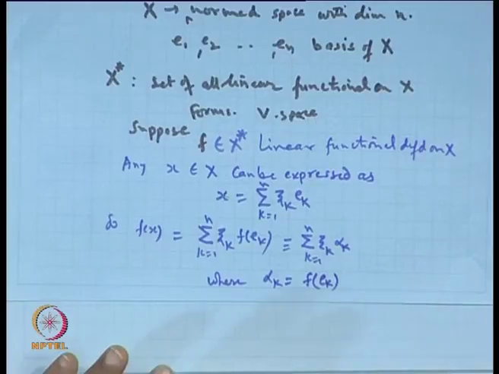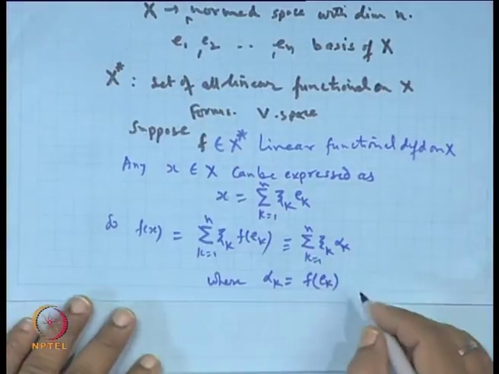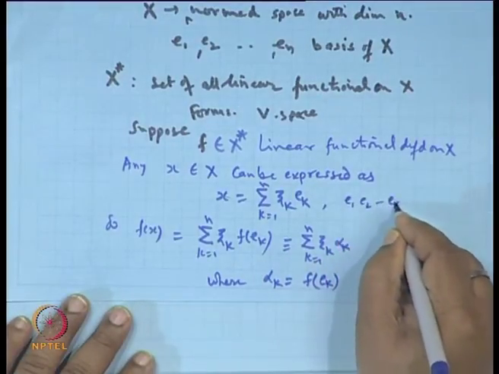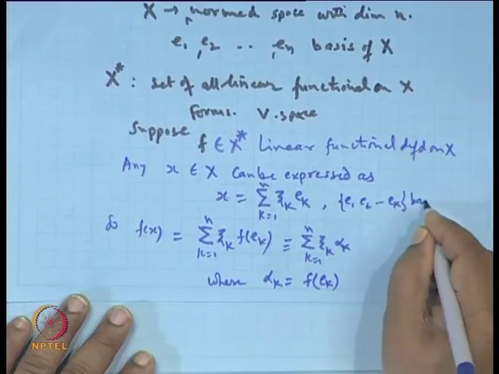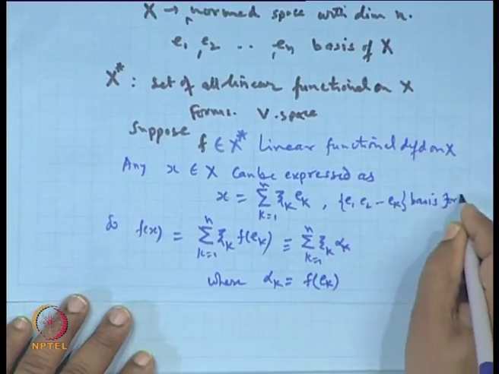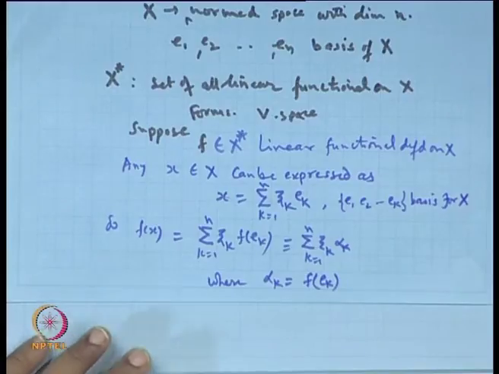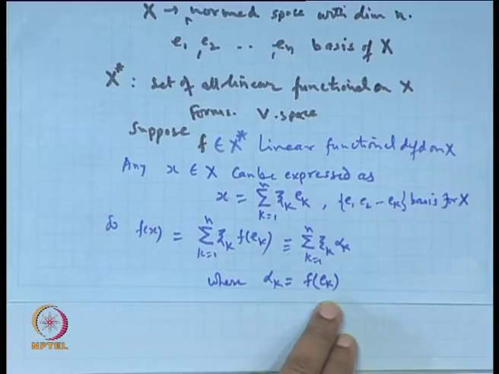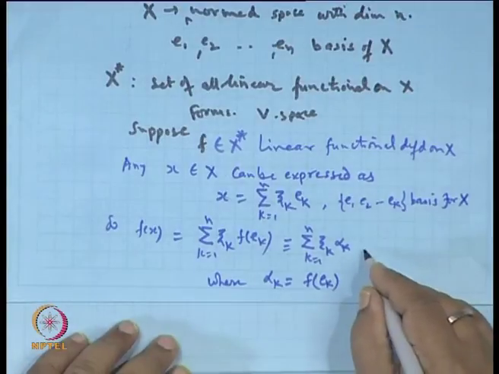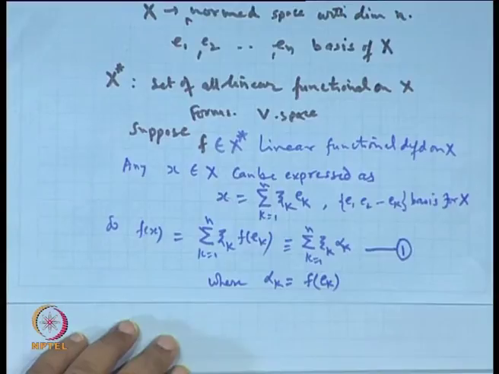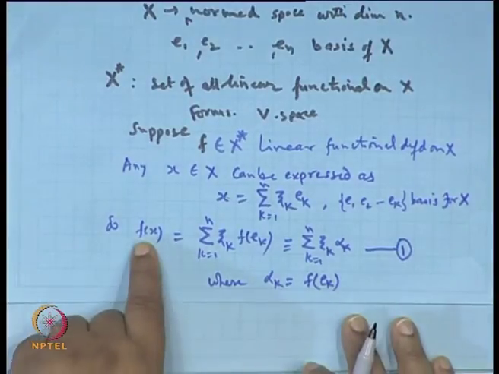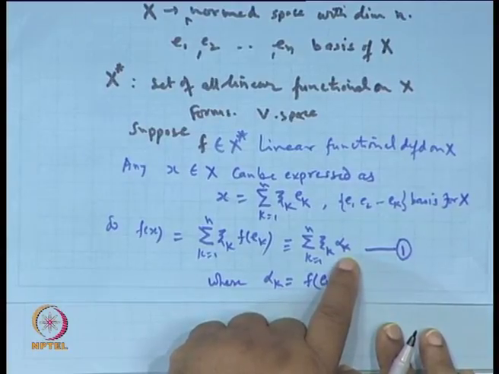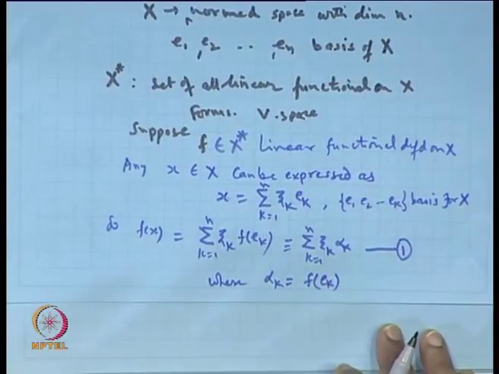So, E k are the basis elements for X. Okay. So, alpha k is the value of the function at the point E k. Now, if we look at this equation, say (1), then f can be uniquely determined by the values alpha k at the n basis elements.